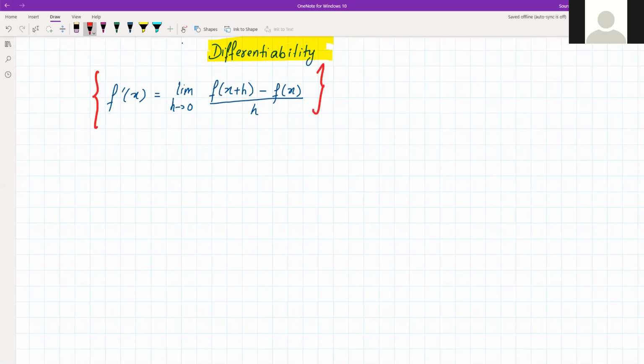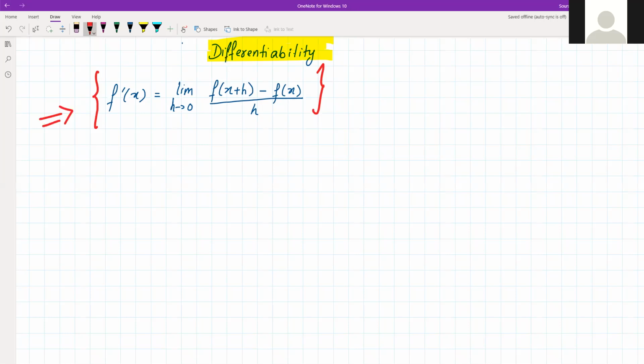Now, when we want to know whether a function is differentiable or not, we are going to use the same formula to decide. So we know that differentiability is this limit, and if this limit exists, we say that the function is differentiable.